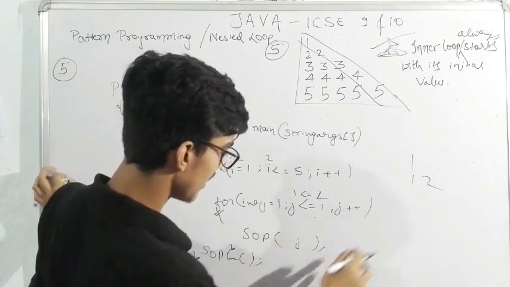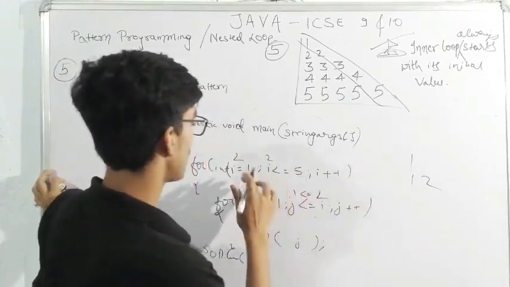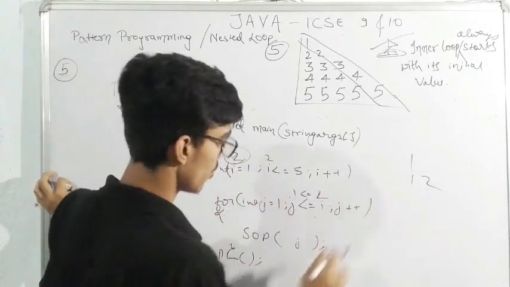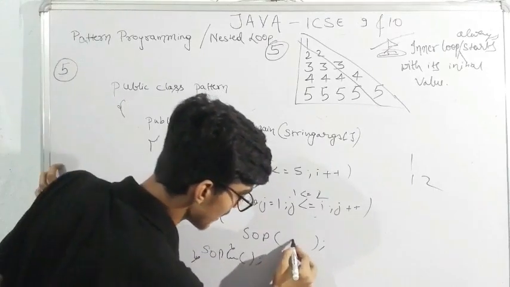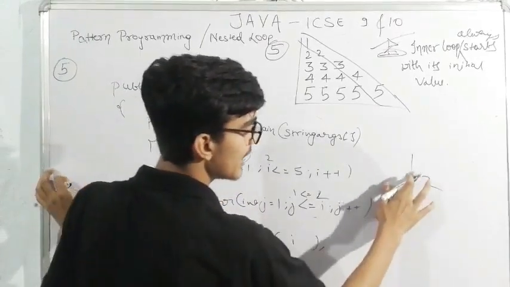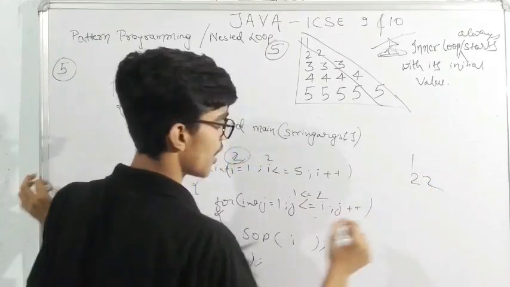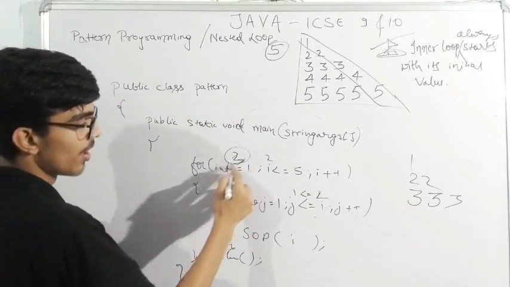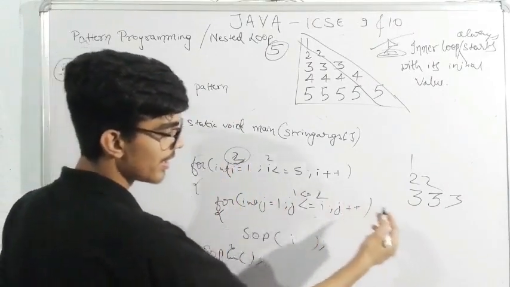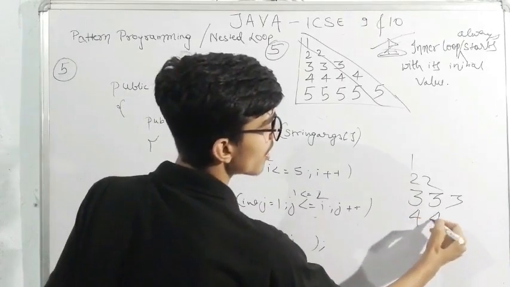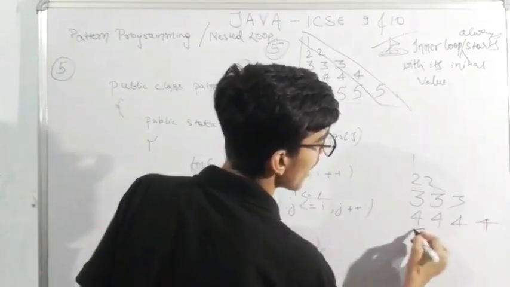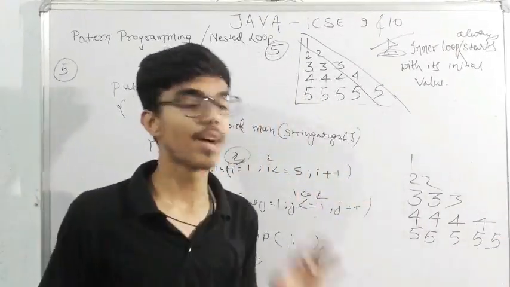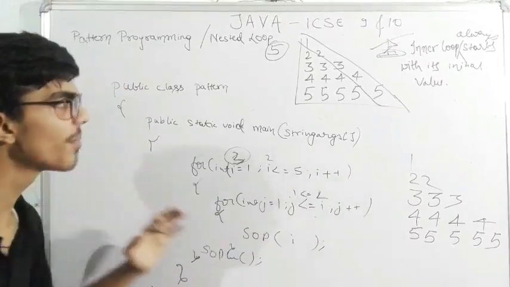So when the value of j is 1, the value of I is 2. So here, in place of j, we'll print I, and it will give the output 2 2. When it becomes 3, it will go 1 2 3, 3 times. When it becomes 4, it will work 4 times, and when it becomes 5, it will work 5 times. So this is the program, copy it.